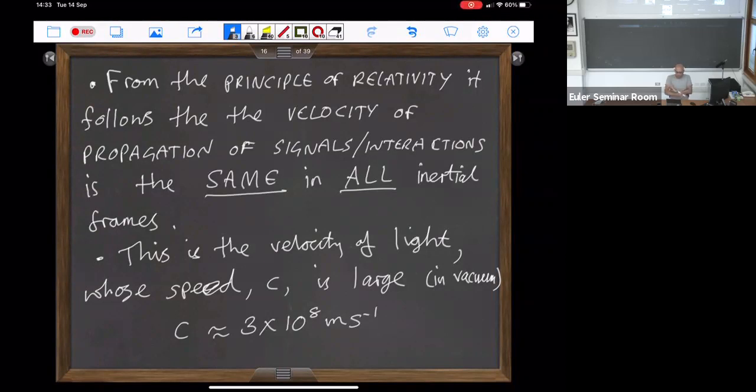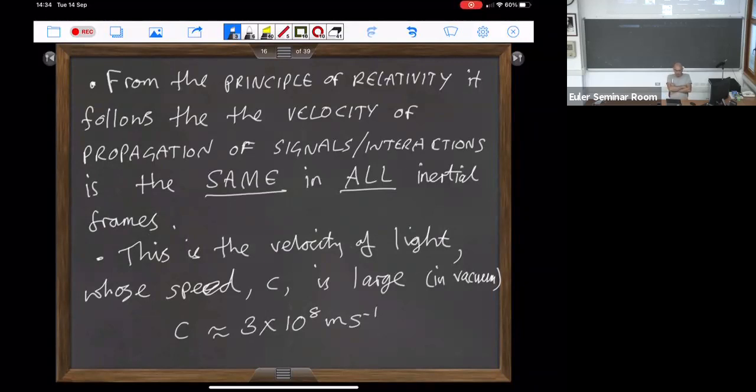As an absolute velocity. Most phenomena in nature do not involve velocities of physical objects close to the speed of light.